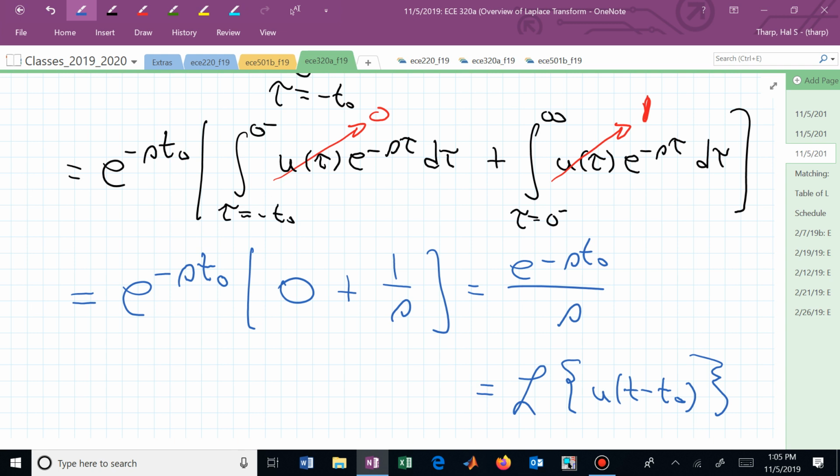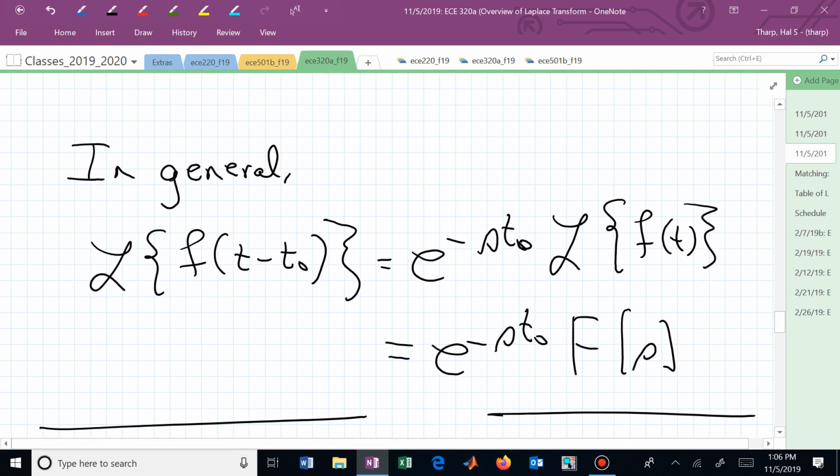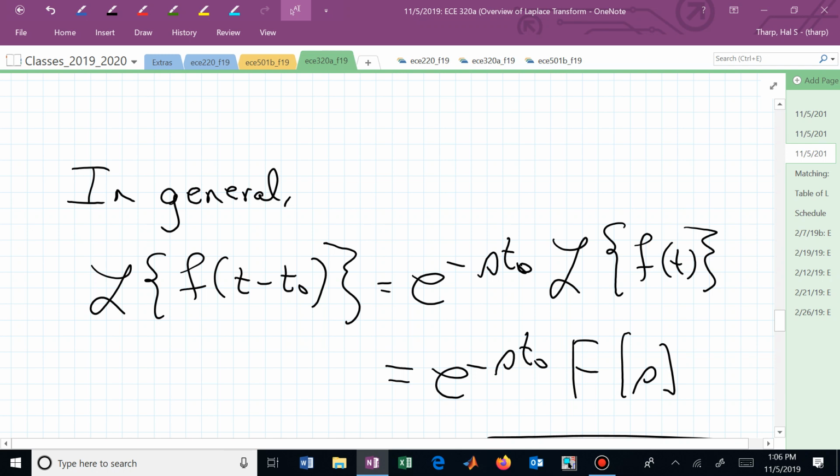And what does our Laplace transform expression look like? Is it at all related to what we found for the Laplace transform of a unit step? Yeah, it's a 1 over s. It's just scaled by this exponential, where s is complex but t naught is constant. But we still have this 1 over s shape. That's good. And in general, we've just actually derived a Laplace transform property.